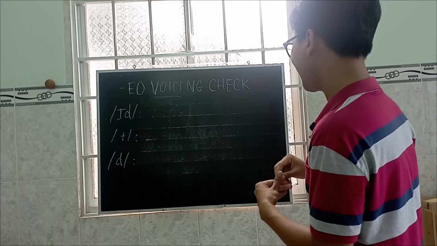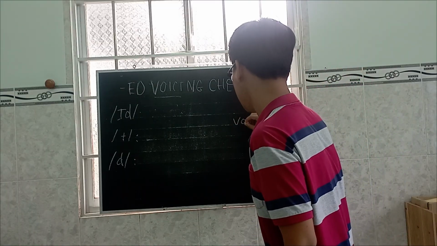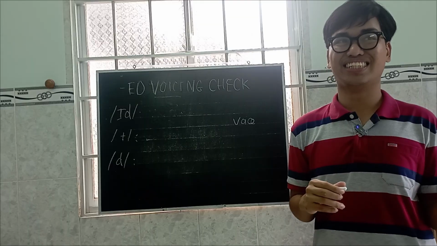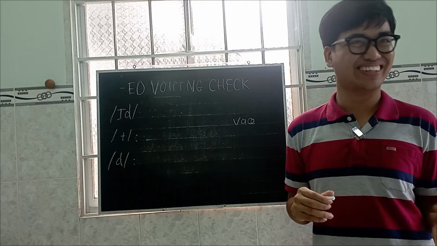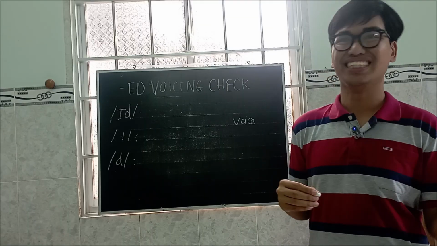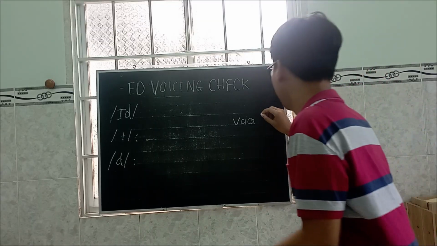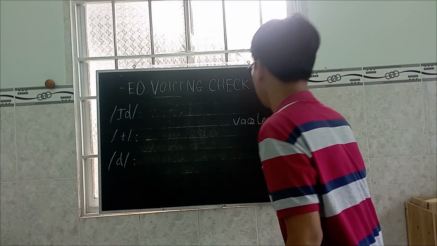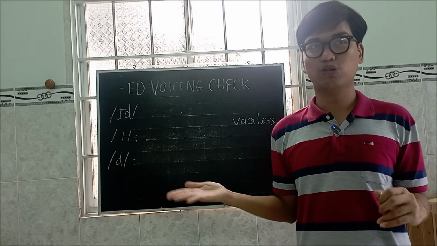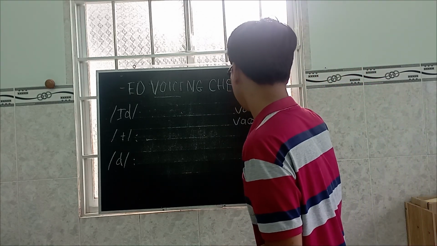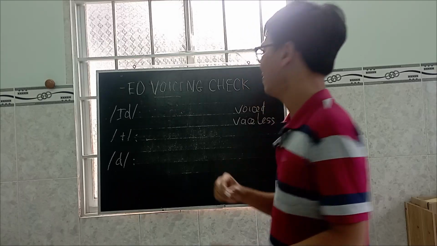We would say that is a... What is the suffix for something that is not that important or non-existent? Less, of course. And there are those that trigger the vocal cords. I call it voiced sound.